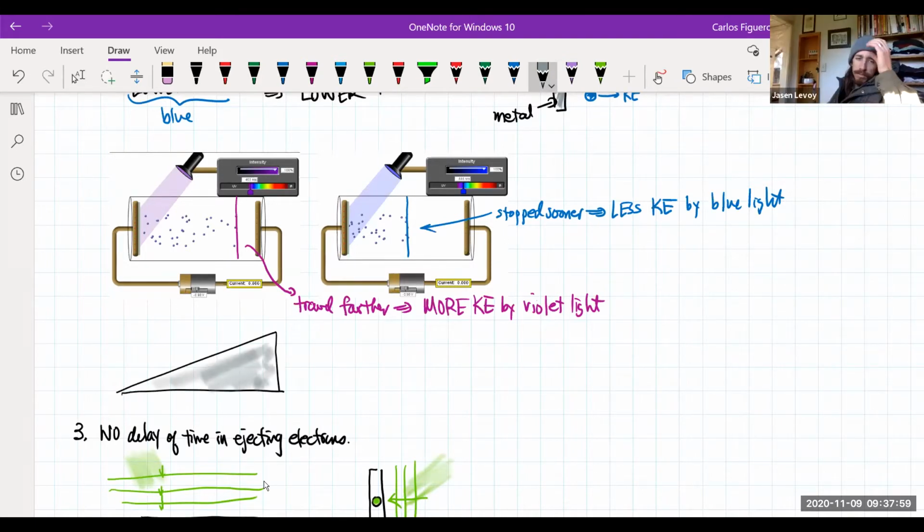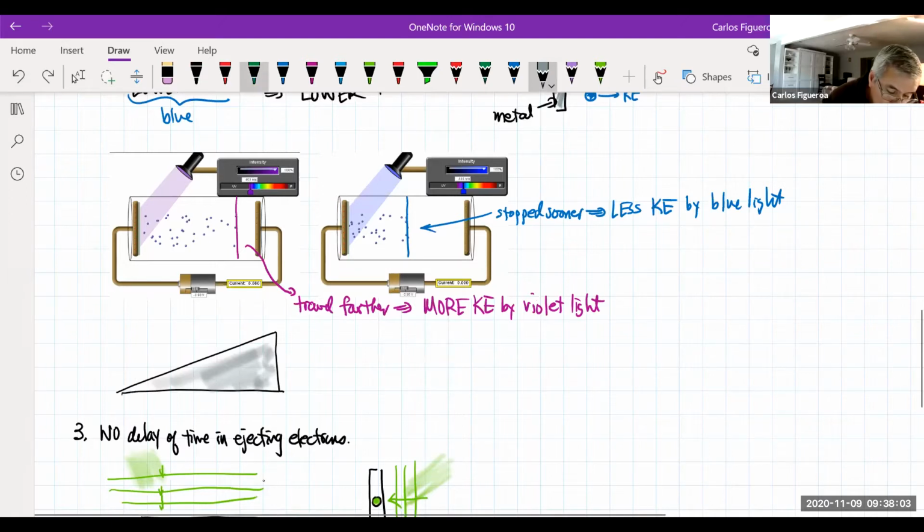And you could imagine that if I have a blue photoelectron, it starts off down here, but it only gets to this height right here. So that's the maximum height that it does.